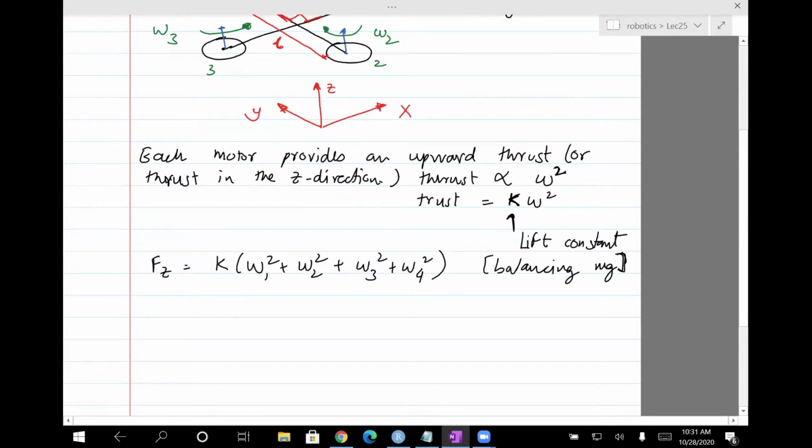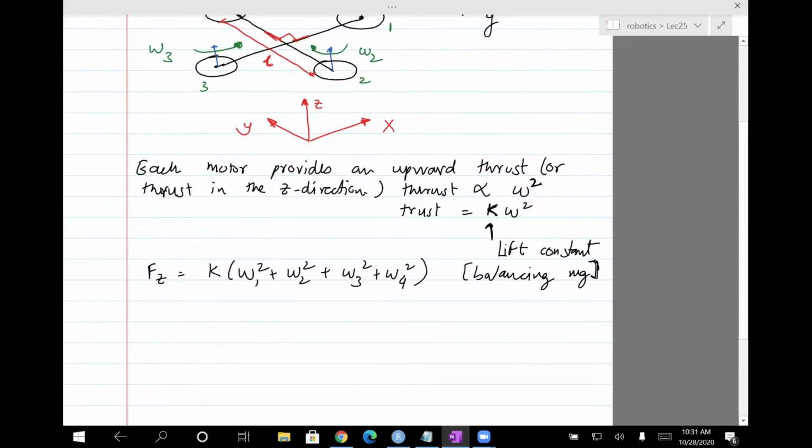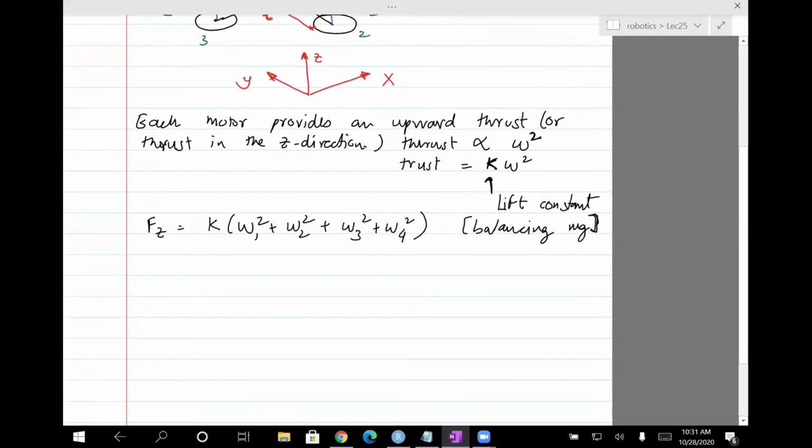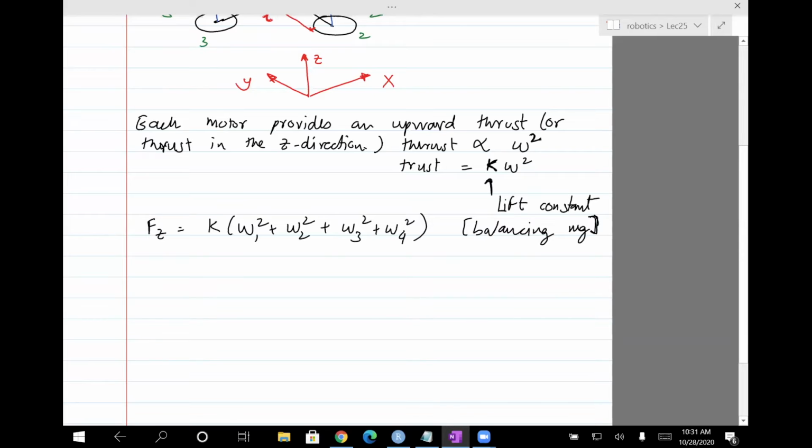That's the idea of how a quadcopter balances itself. It's the thrust provided by the spinning motors. So that's one part. Fz is the force in the z direction.